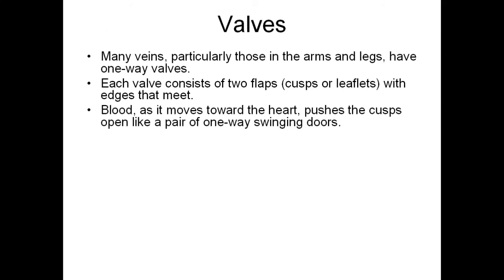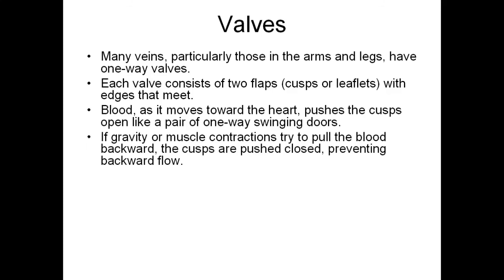Blood, as it moves towards the heart, pushes the cusp open like a pair of one-way swinging doors, and you can walk through that door very easily, but when the door closes, it is difficult to walk back through the door in the opposite direction.